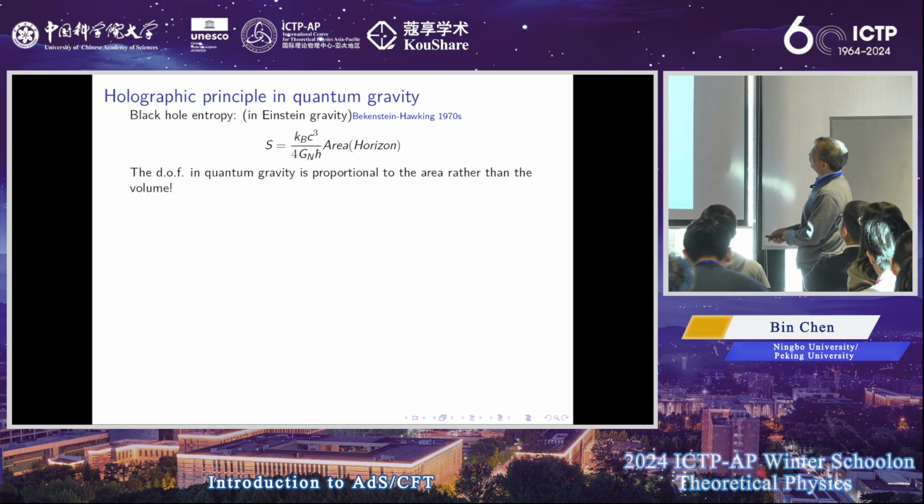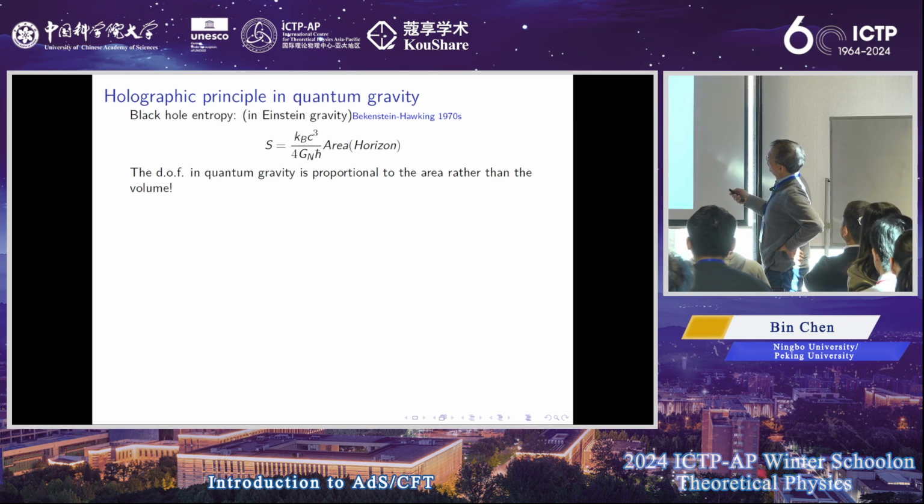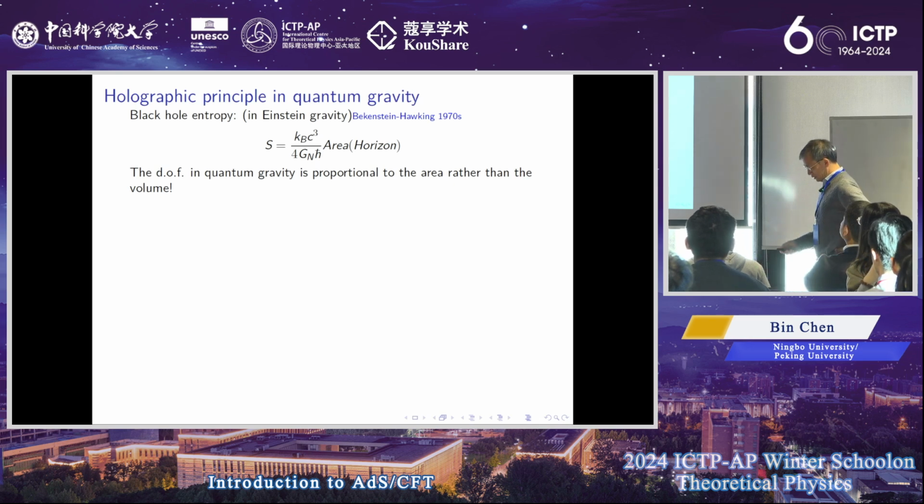I put various constants in this formula. In the denominator we have h bar, and in the numerator we have the Boltzmann constant k_B.